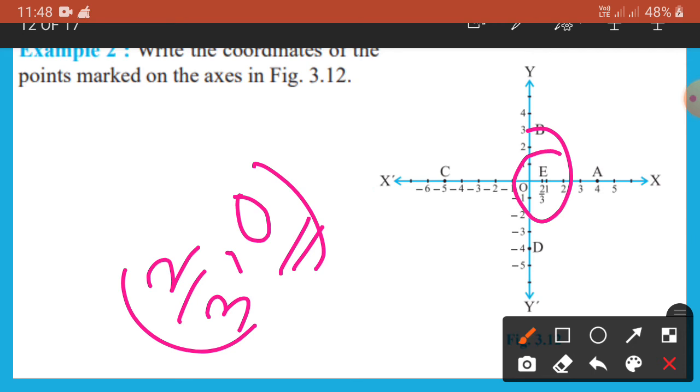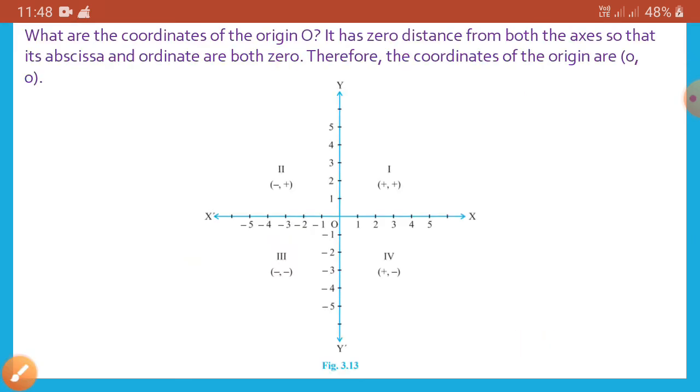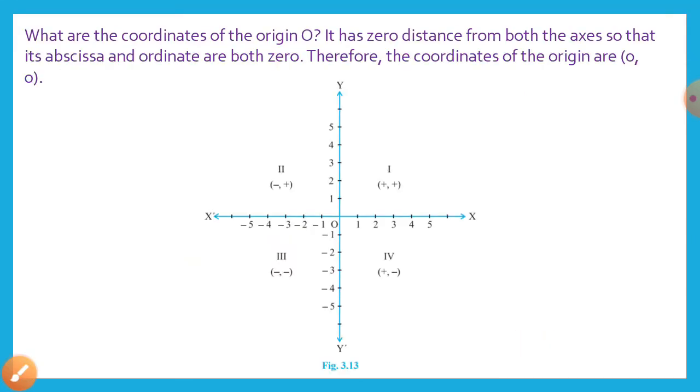Now the question is: what are the coordinates of the origin O? It has 0 distance from both the axes, the y axis and the x axis, so its abscissa and ordinate both are 0.